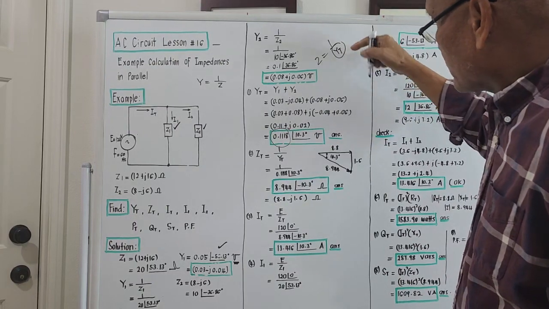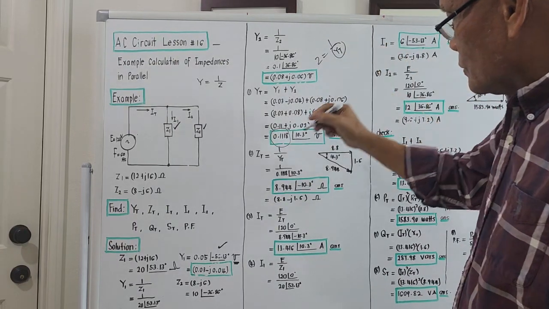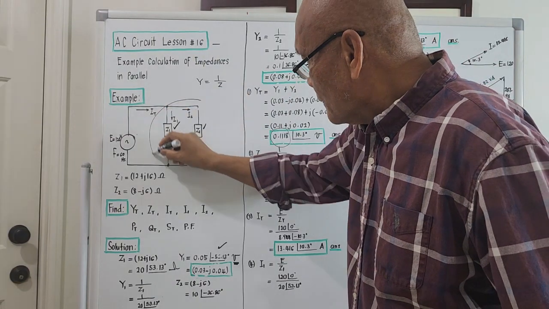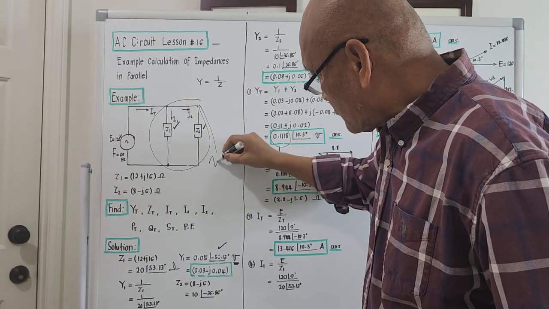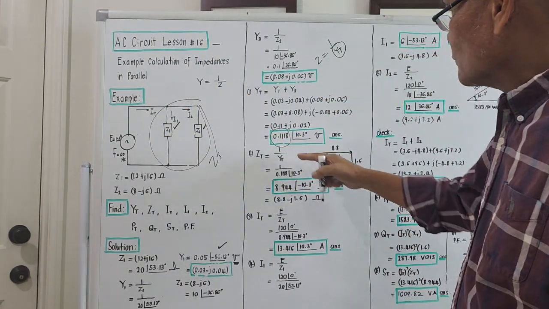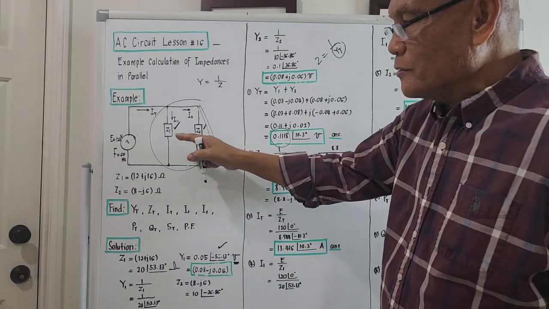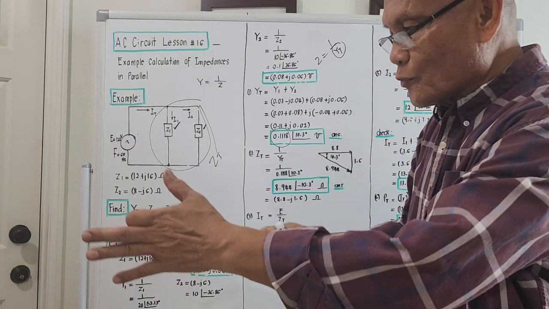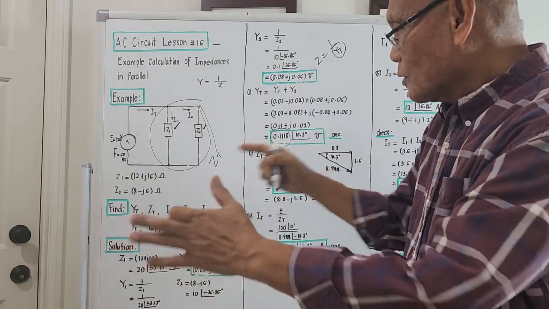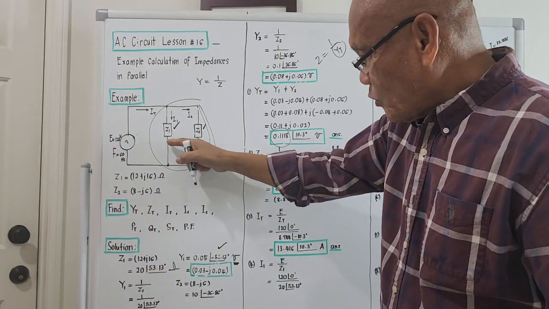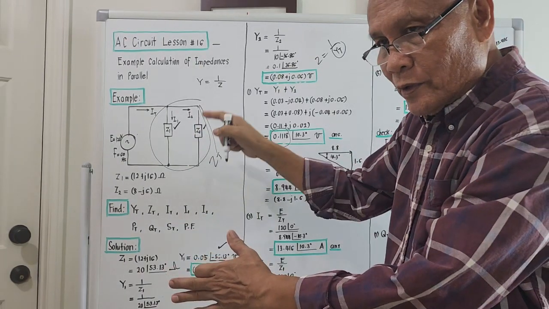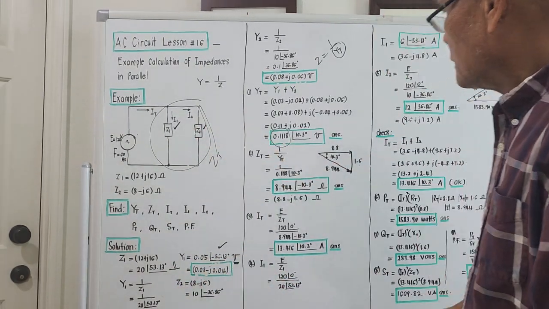We now know y total, right? So to compute for the equivalent C total of this, it should be 1 over y total. Because we converted first this one to admittance, then we will take again the reciprocals. So we could solve immediately for the equivalent of these two here if they are connected in parallel, right?